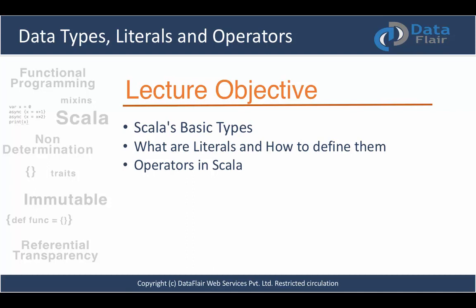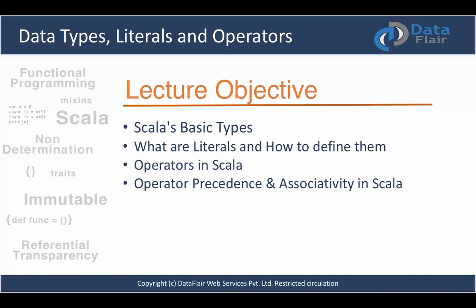Besides that, we have bitwise operators, binary operators, and other operators as well, so we will talk about them later. Then we will be talking about operator precedence and associativity.